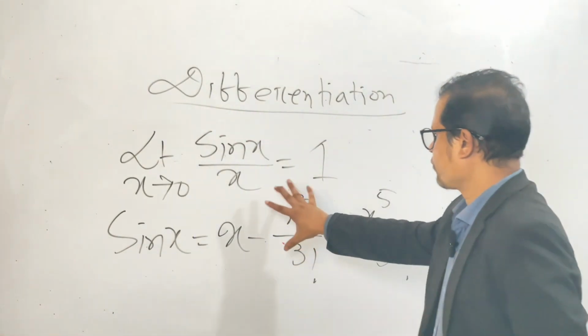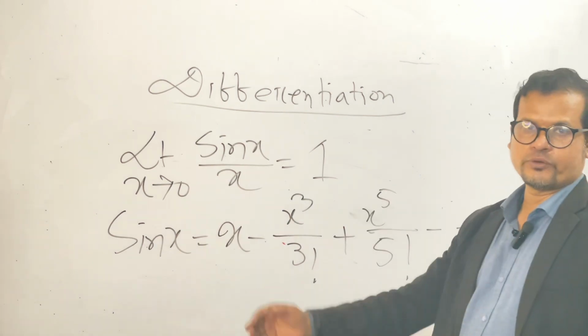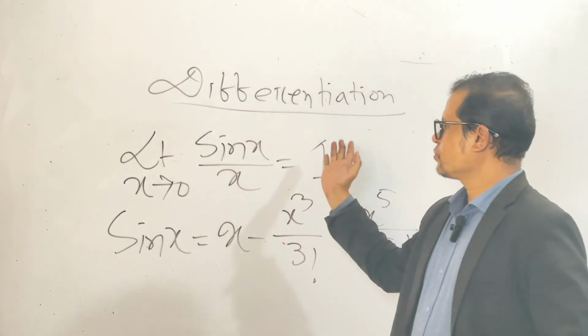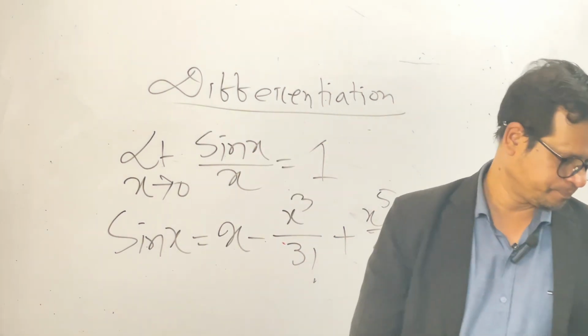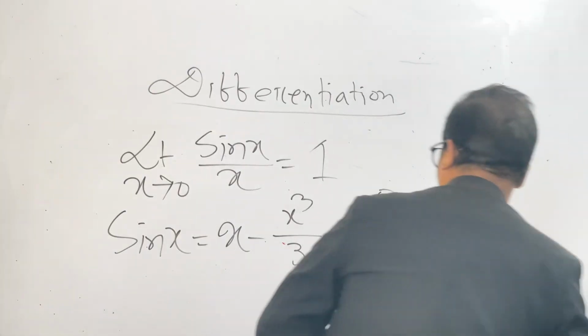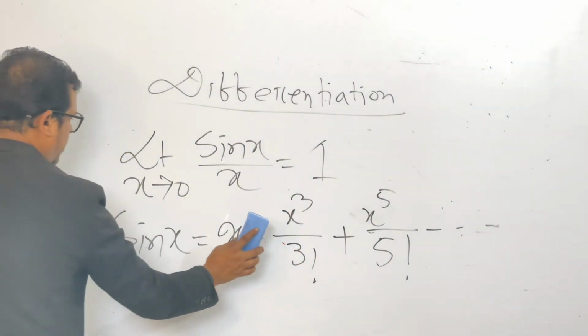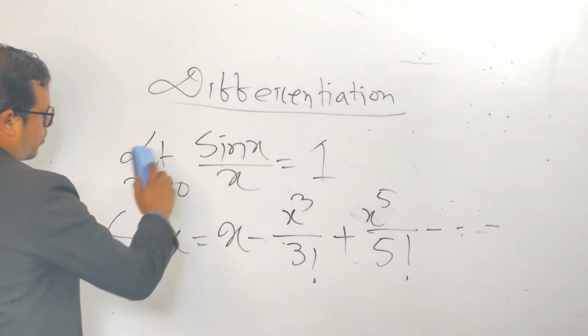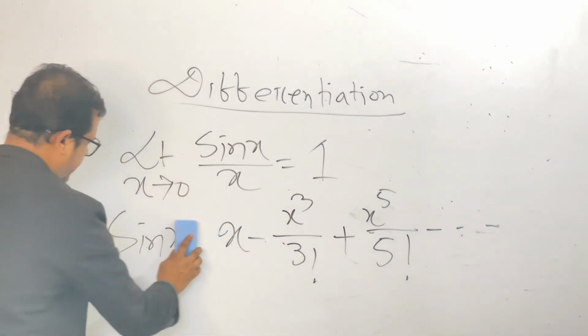We have to use this formula here. Then we have to prove this equals 1. How can we prove this? Let me show you. I have just written this, so we can write it this way.